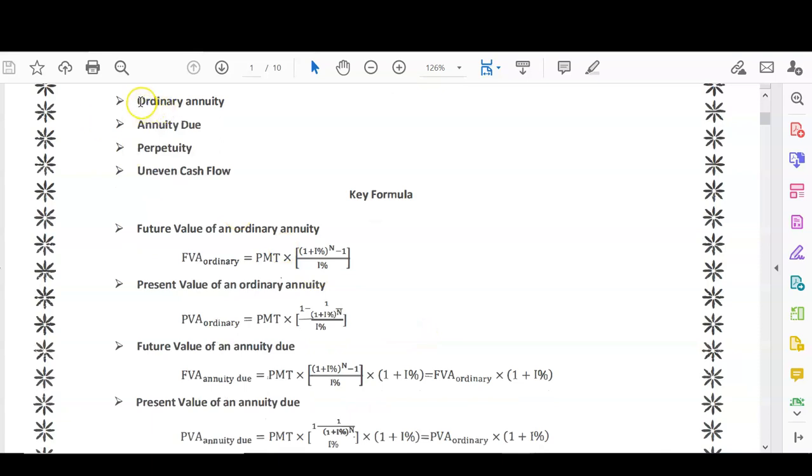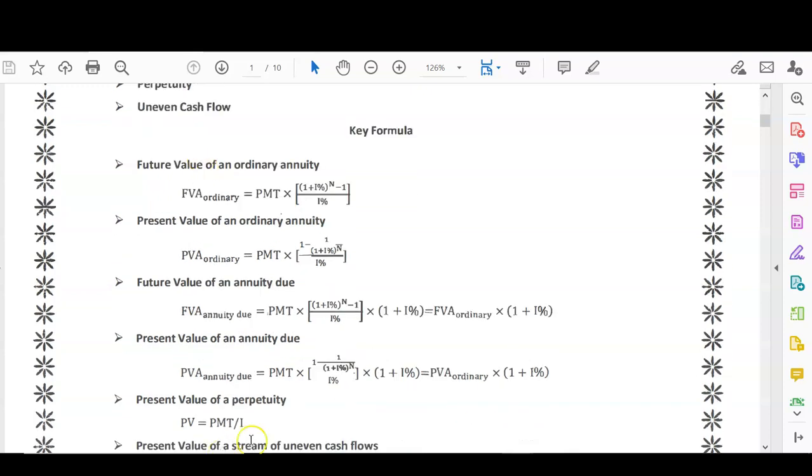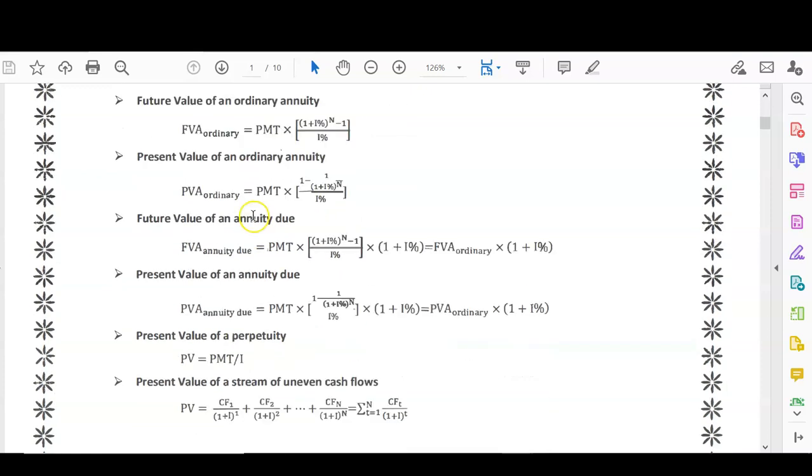So again, we're gonna calculate future value and present value of ordinary annuity, which occurs at the end of each period, and annuity due, which occurs in the beginning of each period. We're also gonna introduce a very special annuity called perpetuity, and we're gonna calculate the present value of perpetuity using formula. For uneven cash flow, we're gonna also learn how to calculate its present value by discounting all the cash flows to present.